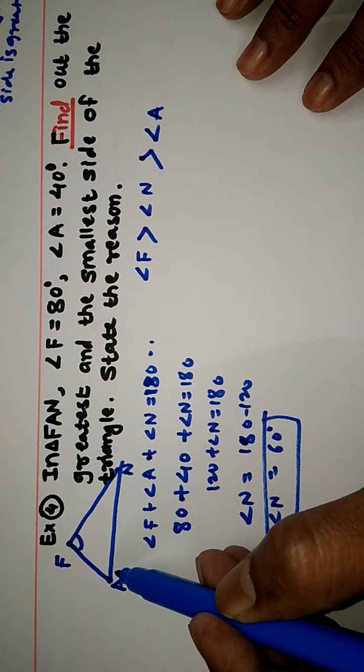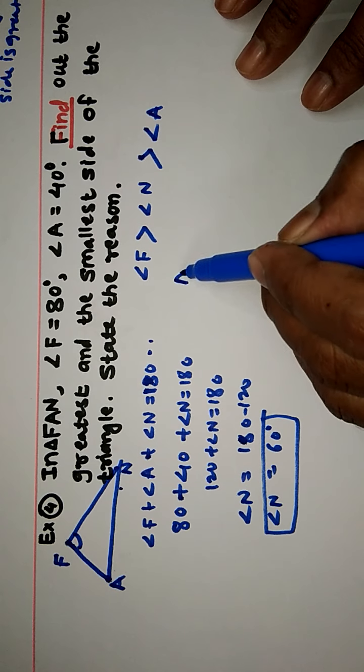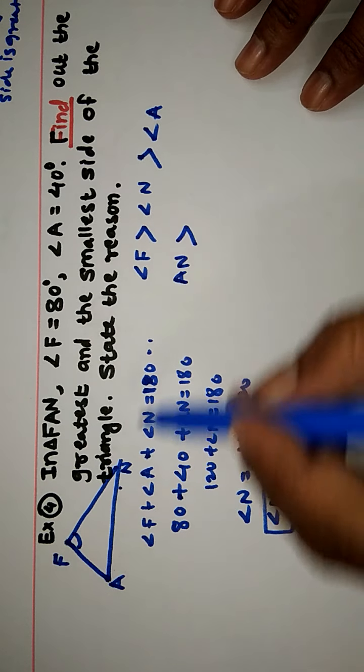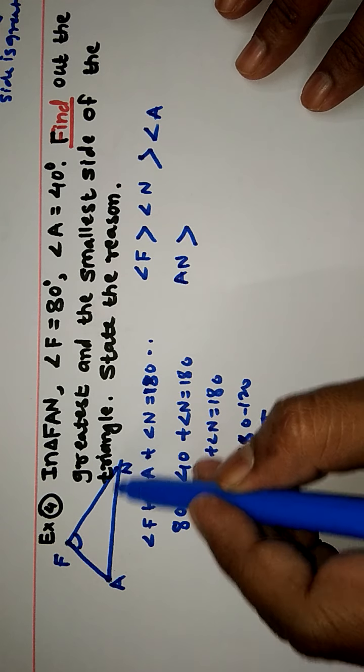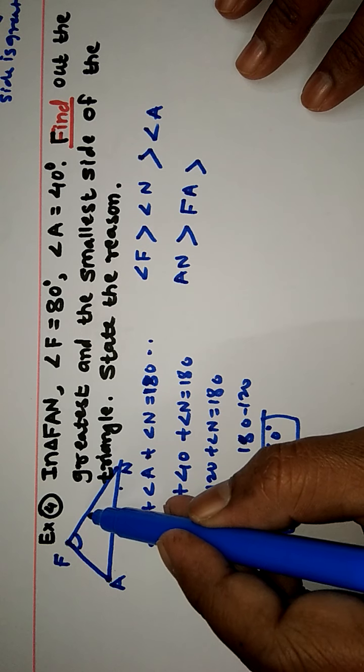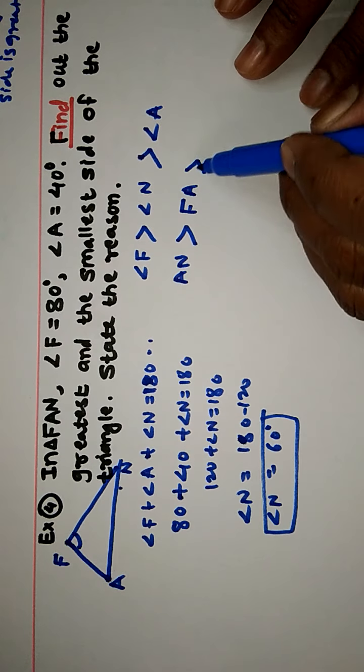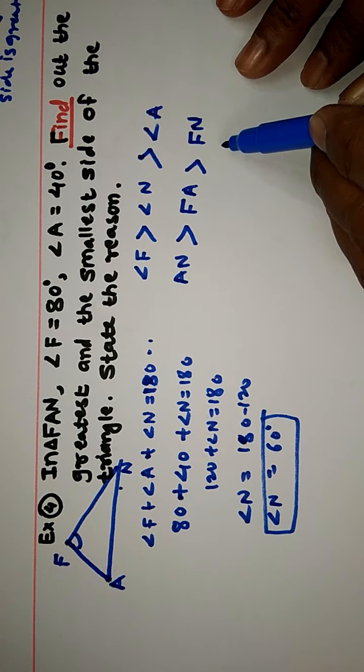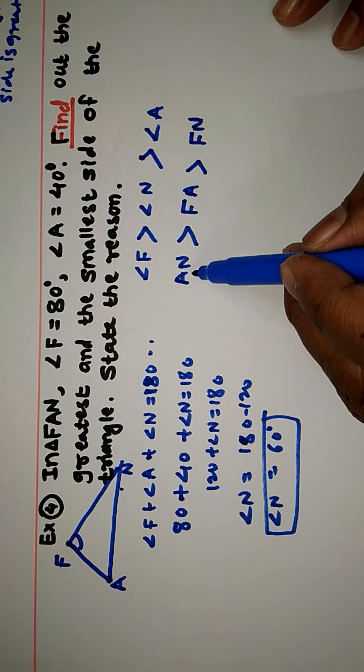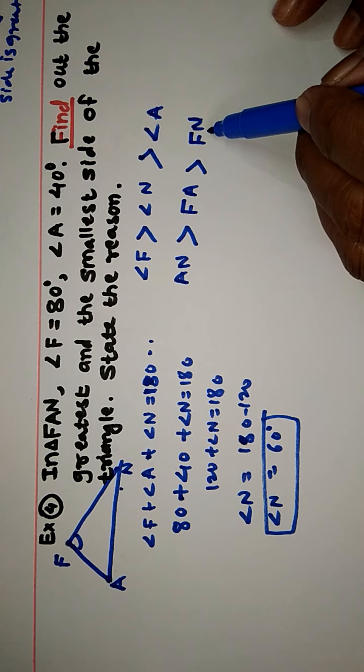Angle F is greater, then its opposite side is AN. Means AN is greater than the side opposite to the middle one, FA. Small angle A is smaller, its opposite side is FN. This is smaller. Means this is the greater side and this is the smaller side.